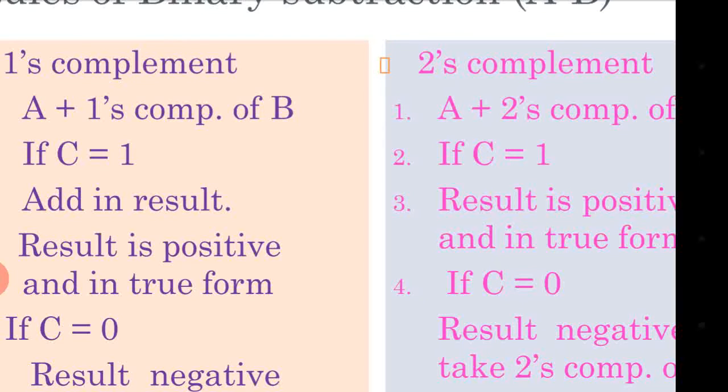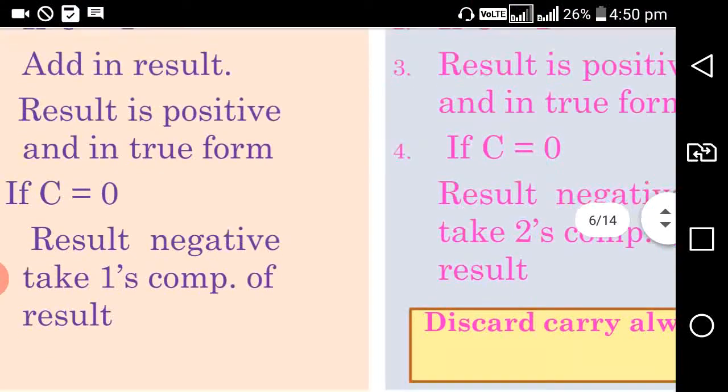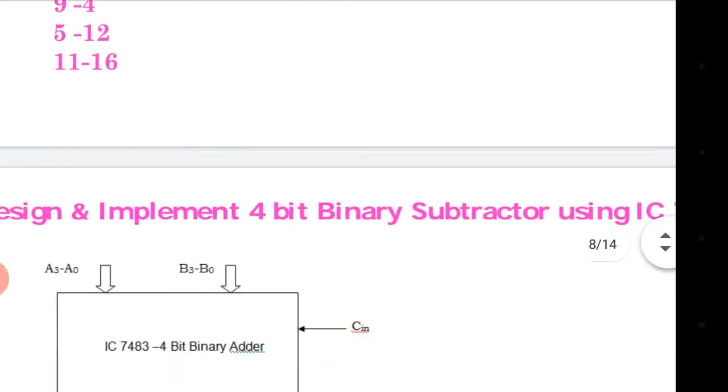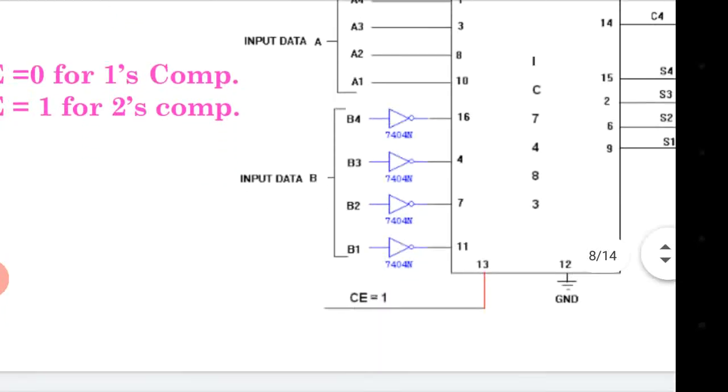If carry is 1, then the next decision you have to take, that is you have to add it in case of 1's complement. In 2's complement method it is okay, the result will be in true form, and if it is 0 you have to take the 1's complement of the result. So either modify the circuits further or you can explain that.